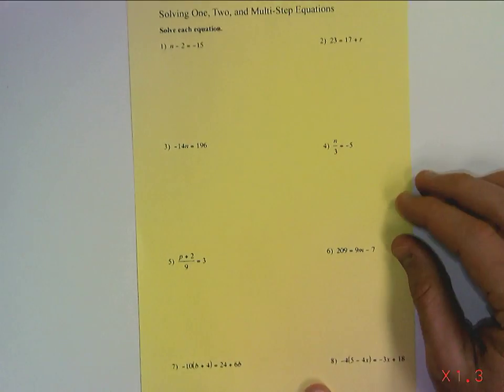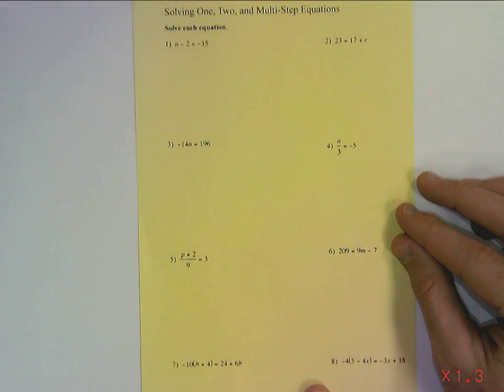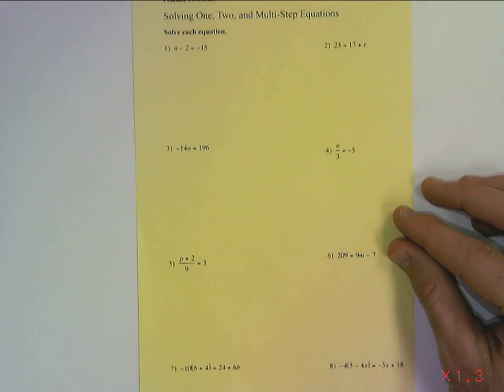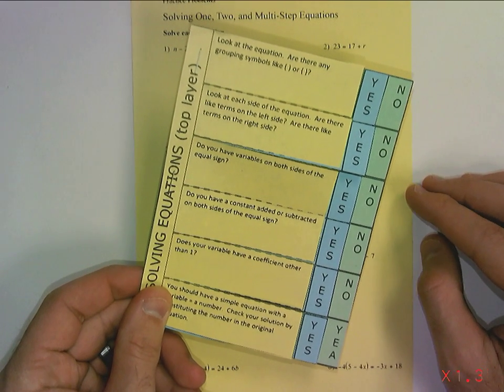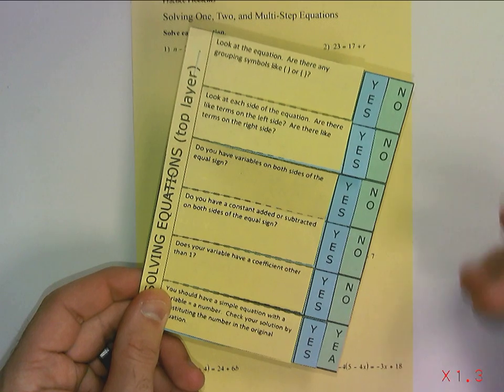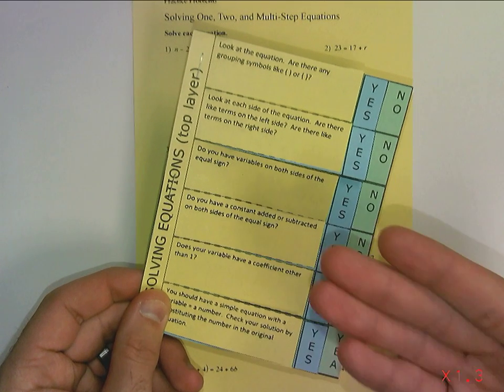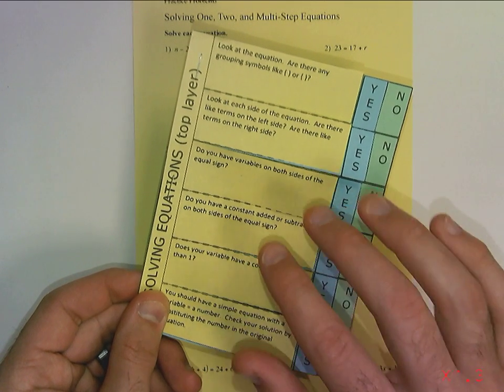So in total you'll be doing 4 problems on your own. And I do want you to incorporate the use of this when you are solving them so that you are on the right track and you know what steps you need to take, and gradually you might not need this, but this will be a great reference like I said.